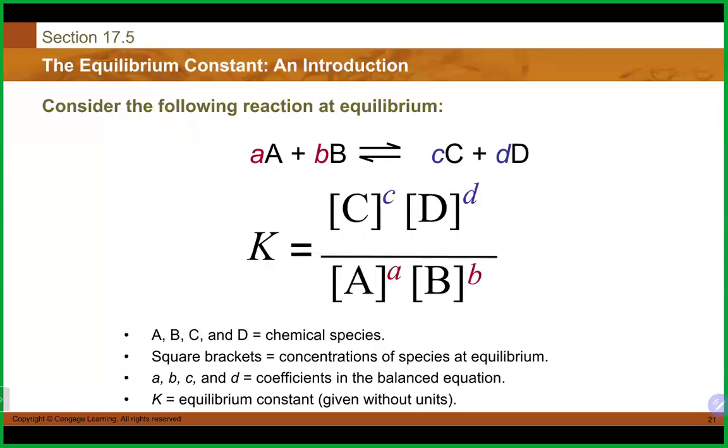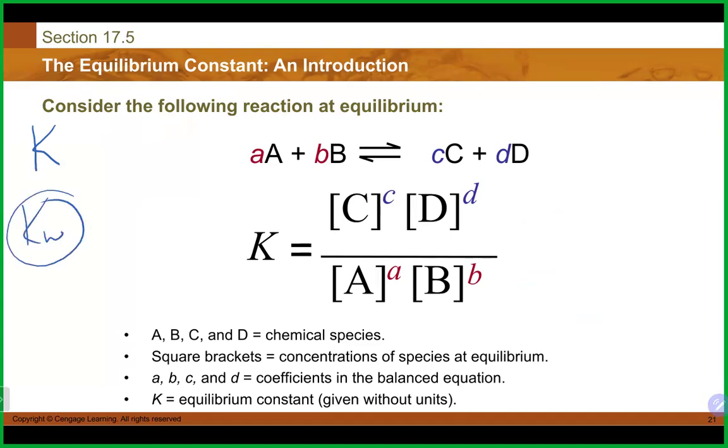All right, then let's talk about one way that we express an equilibrium, and that is what is known as the equilibrium constant. The equilibrium constant is abbreviated with a capital K. And there's all kinds of equilibrium constants. We actually just saw one in the previous chapter, Kw. That is an equilibrium constant.